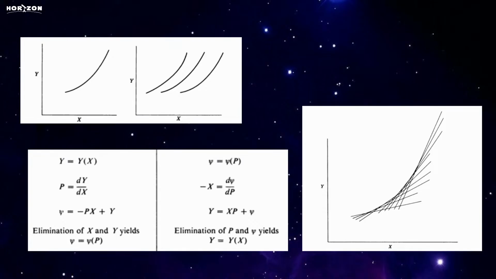If I find a relation which stores the information about the slopes and intercepts of all these tangents at all these points, then I am successful in storing the information in a different way. All the information that was there in xy coordinates is now stored in the form of the slope and intercept of a given tangent.